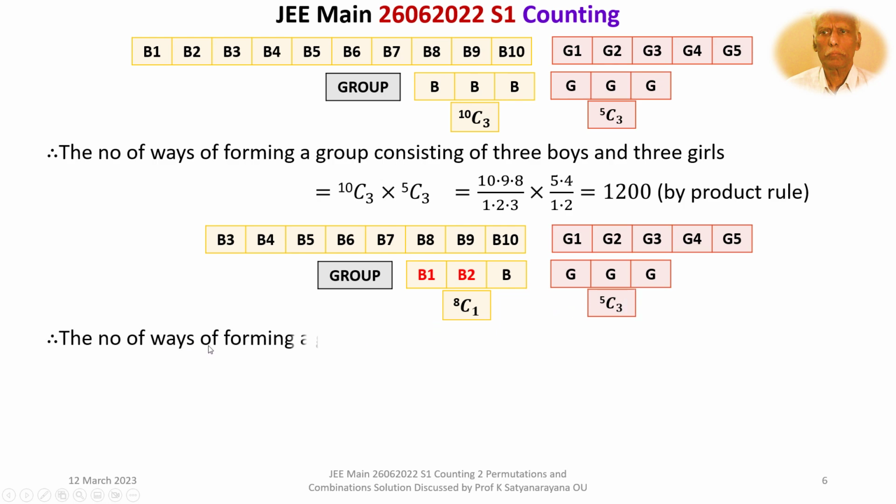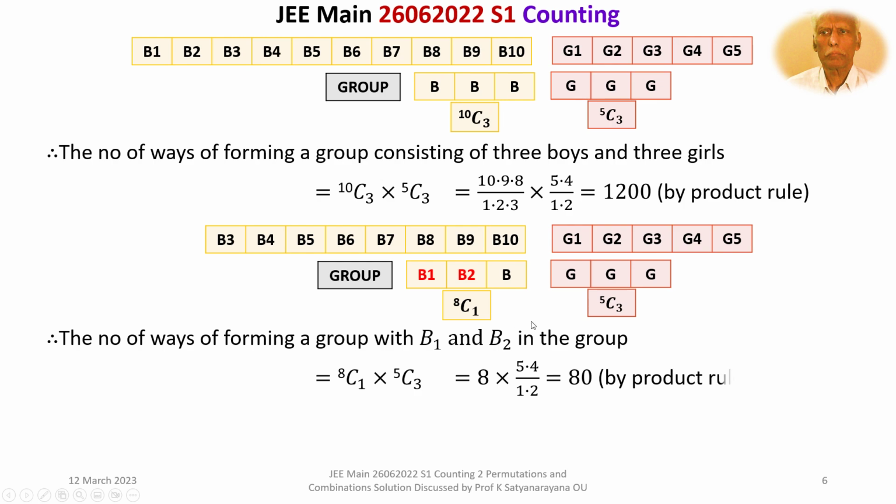Therefore, the number of ways of forming a group in which B1, B2 are present in every group is 8C1 multiplied by 5C3 using the product rule of counting. 8C1 is 8, into 5C3, which is 5C2, 5 into 4 by 1 into 2. After simplification, we will get 80.